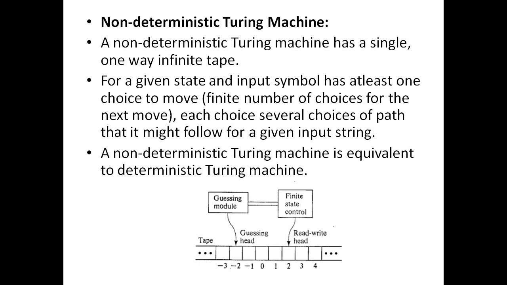So for input A, we may find more than one transition function. That is called a non-deterministic Turing machine. In previous classes, we already discussed the non-deterministic Turing machine, and we also did one example.